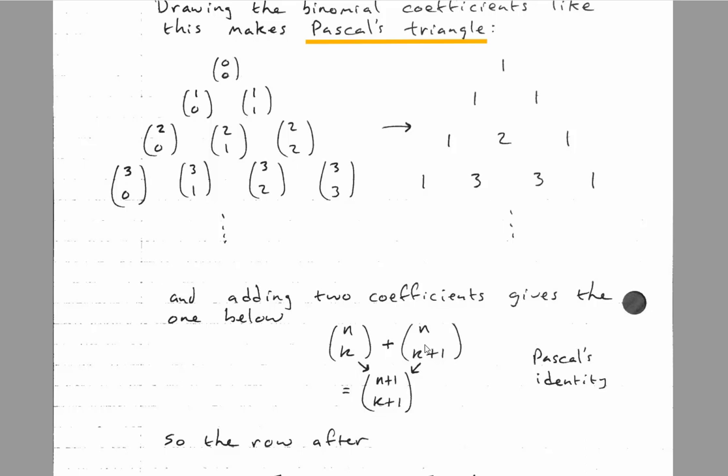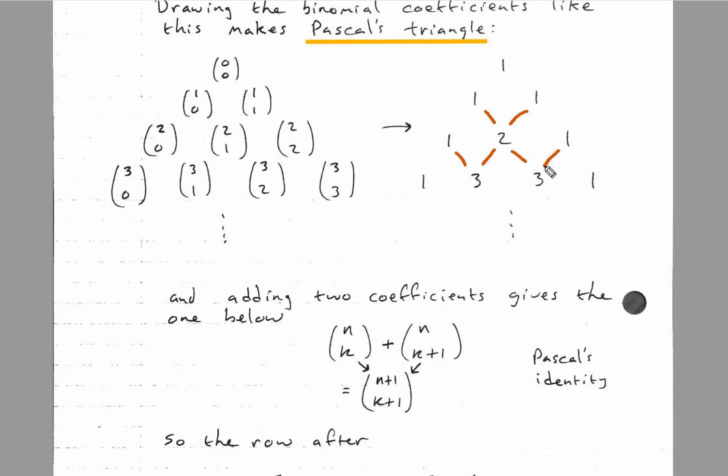If you add these two, then by Pascal's identity you get the binomial coefficient 1 below in the middle. And you can certainly see that here. So 1 plus 1 is 2. 1 plus 2 is 3.